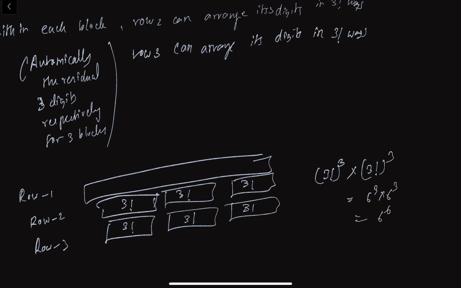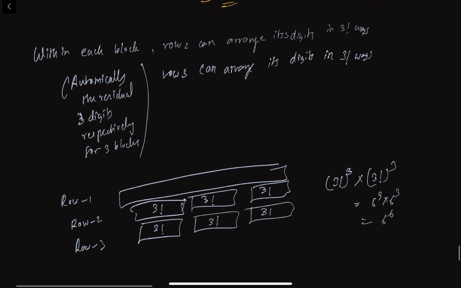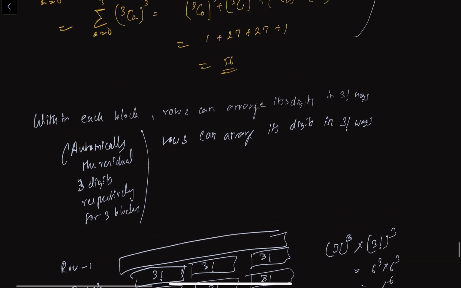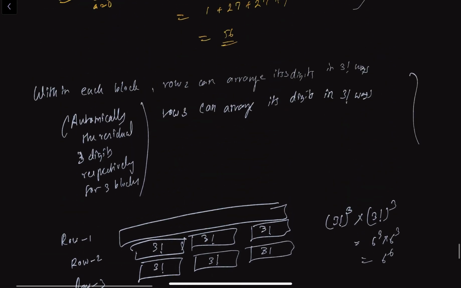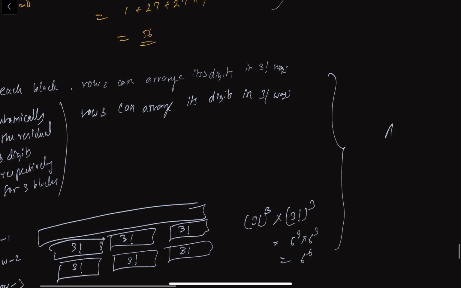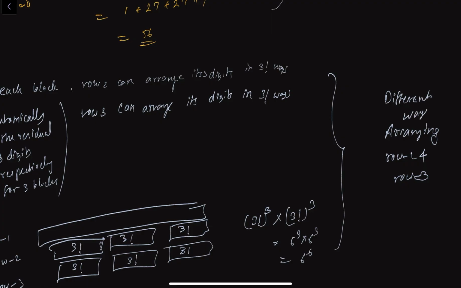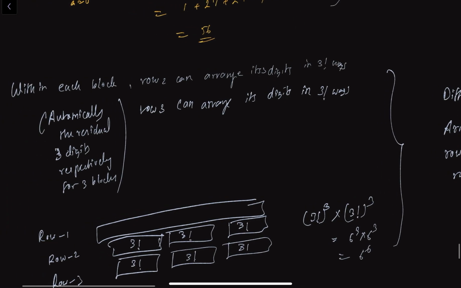So there are 6 to the power 6 ways for rearranging the elements in row 2 and row 3. In this third step we are arranging the different ways of arranging row 2 and row 3 elements.